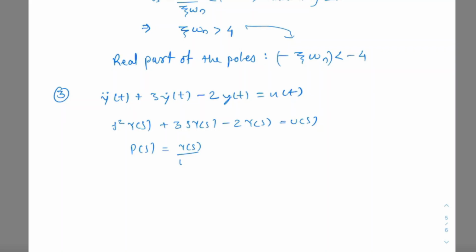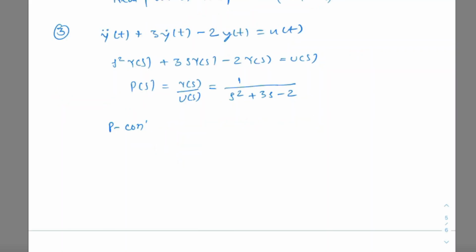If we were to use a P controller, the G of s would become P of s into C of s. Now let's write the closed loop transfer function.